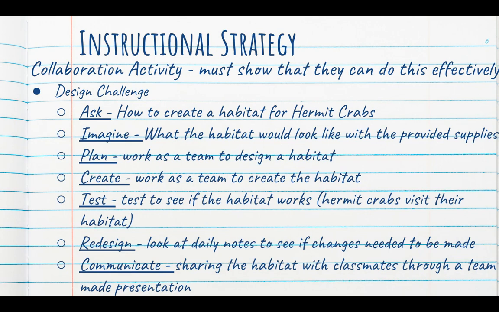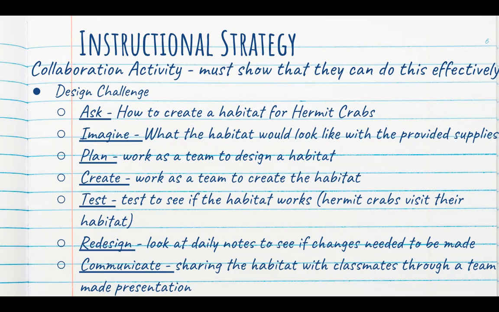Instructional strategy. The first thing that will be done is a collaboration activity so that the students build a bond and a safe culture and climate and community inside of their group. They must show that they can do this effectively before moving on to the design challenge.